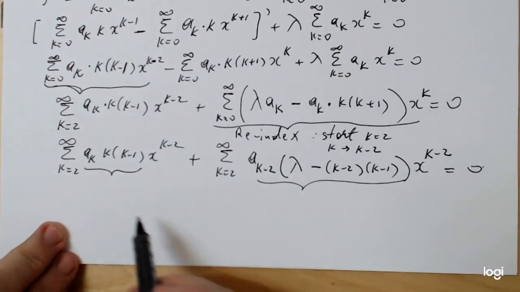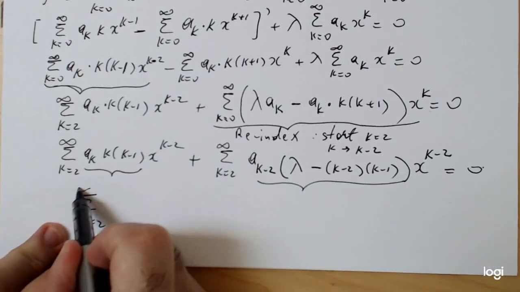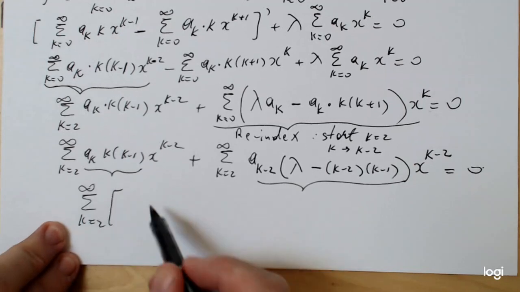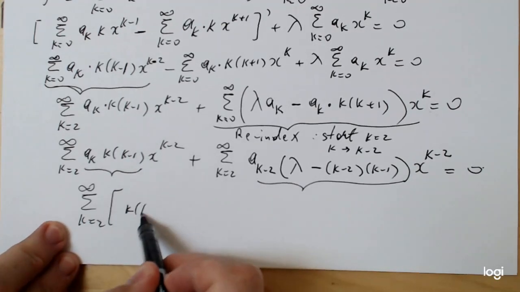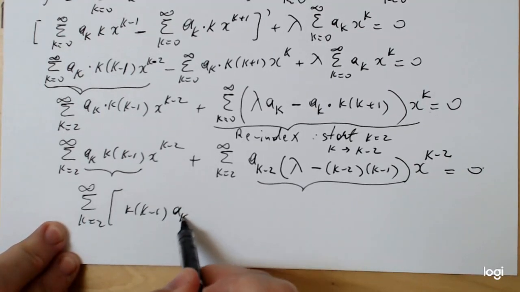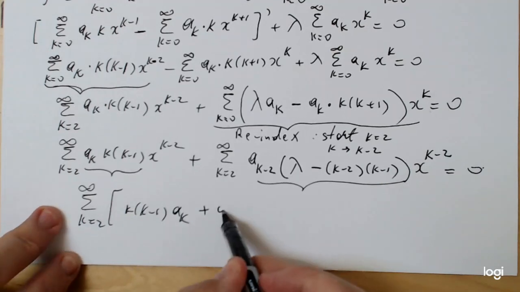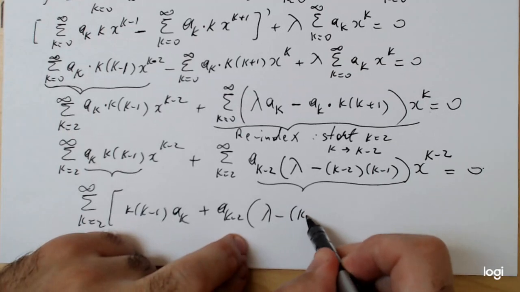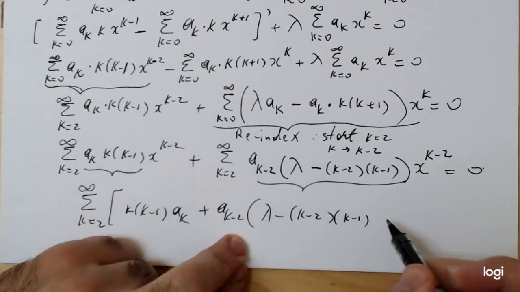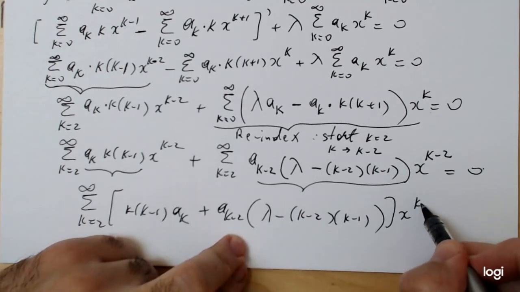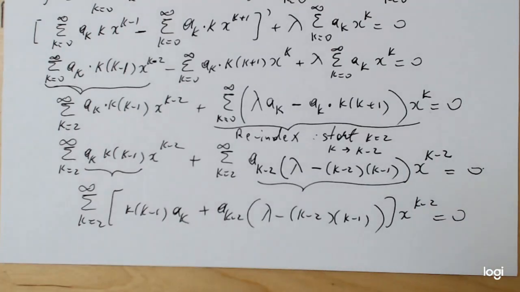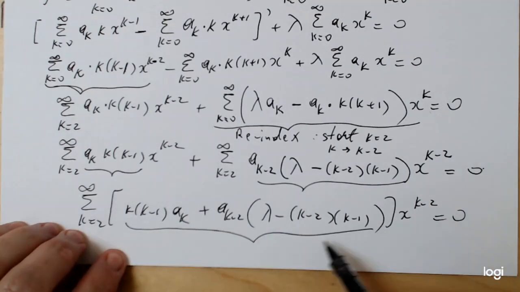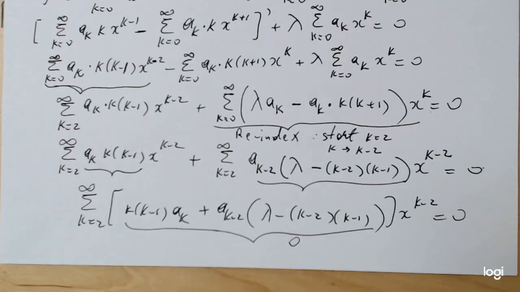So basically everything ends up being a summation with k(k minus 1) a_k plus a_{k-2}(lambda minus (k minus 2)(k minus 1)). So to make this equal to 0, you basically need to make that equal to 0.